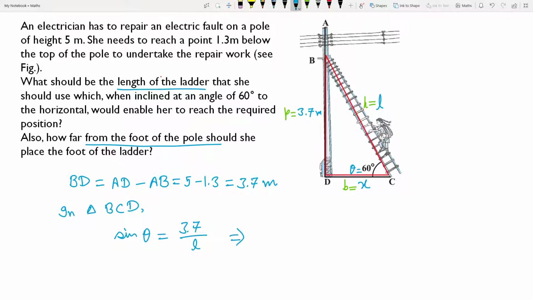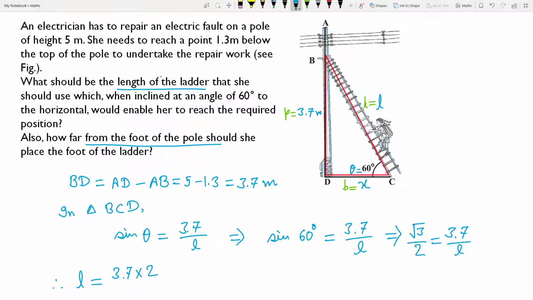It means sine of 60 degrees is 3.7 over L. Further, when we substitute value for sine 60 degrees, that you will find in table, root 3 upon 2 is 3.7 upon L, and therefore L would be equal to 3.7 multiplied by 2 and further divided by root 3.